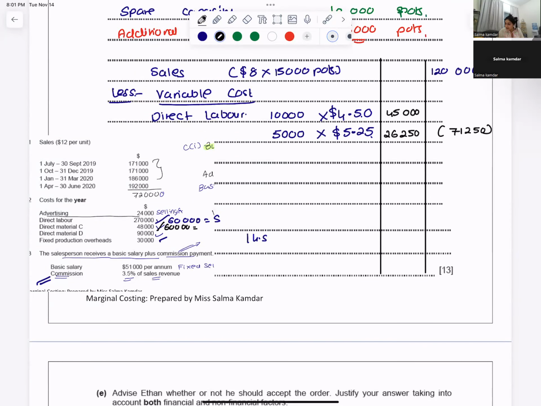And for the 5,000 units, how much extra is it going to be? For 5,000 units, material C would be 5% extra. So it is 0.80 into 105%, so it will become 0.84.